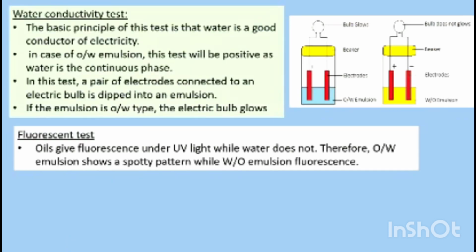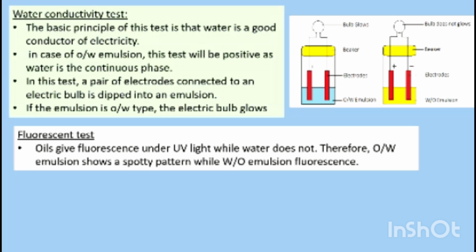Next comes the water conductivity test, which was already discussed a little bit in the difference between water in oil and oil in water emulsion. What we need to do is place the emulsion sample in a beaker, and add a pair of electrodes connected to an electric bulb and dip them into the emulsion.